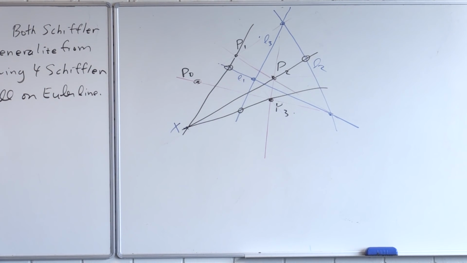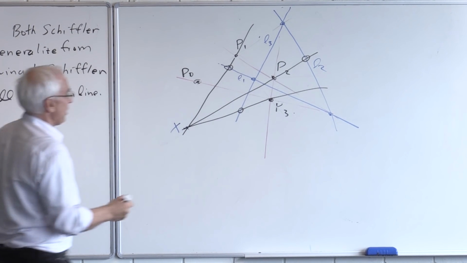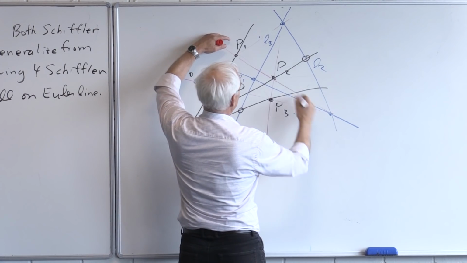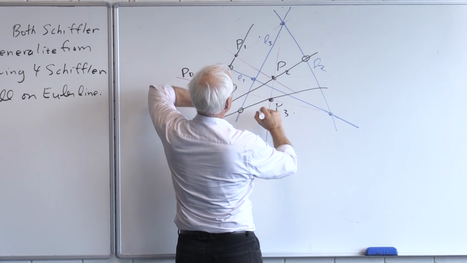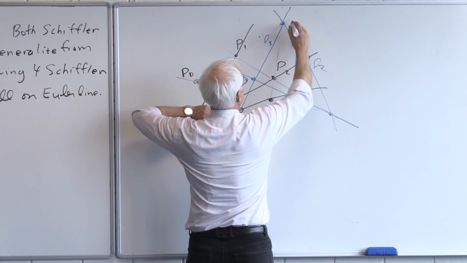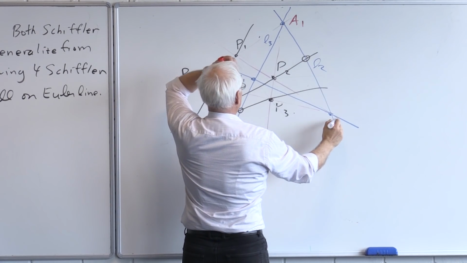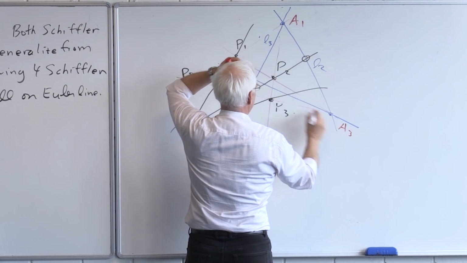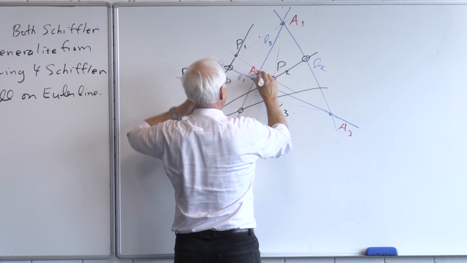And then we observe or find out this is corresponding to a perspectivity. So if this was L1, I guess that would be A1, and this would be A3, and that would be A2.